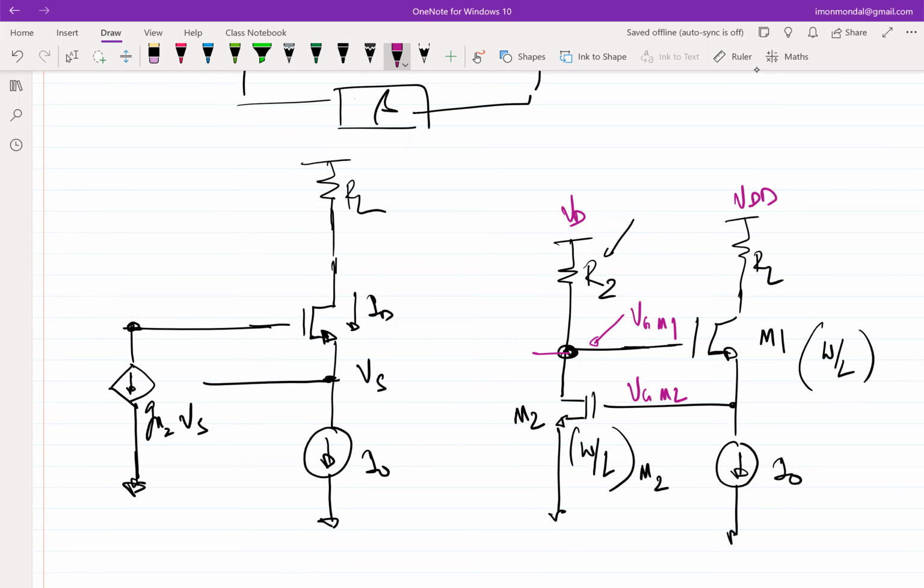For all of these, you start off assuming that both M1 and M2 are in saturation, and that would be a good starting point to figure out what will be the VGS. From there, you can figure out what is the minimum voltage required to keep M2 on, and so on, right?